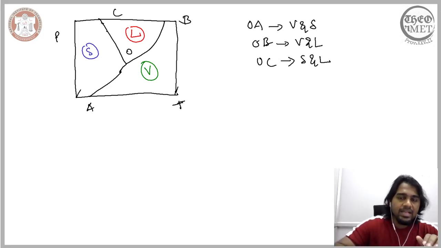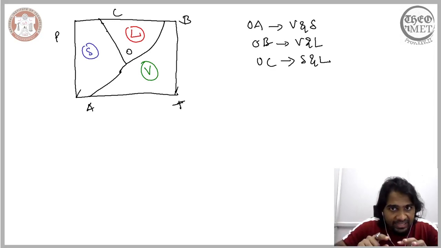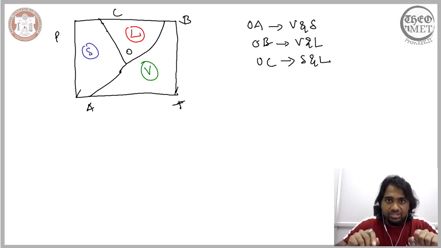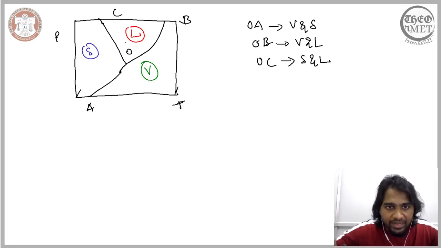And these spaces are being partitioned by lines, and these lines indicate the equilibrium between the spaces that they separate. So this line OC separates two spaces that represent liquid and solid. Therefore OC indicates the equilibrium between the liquid and solid.